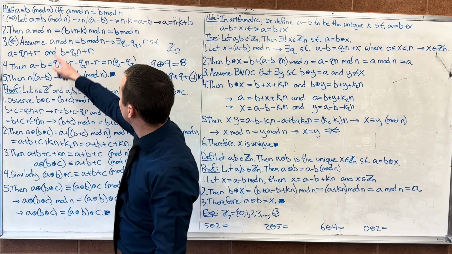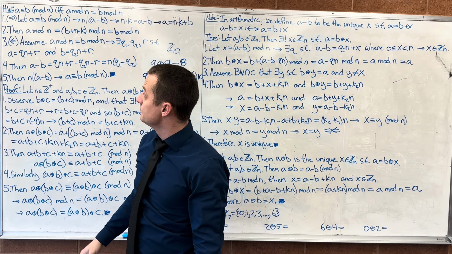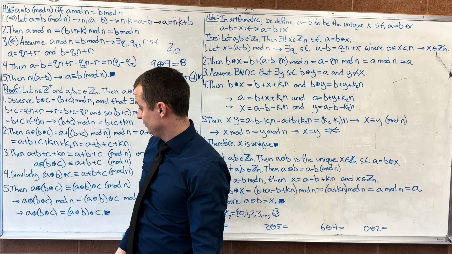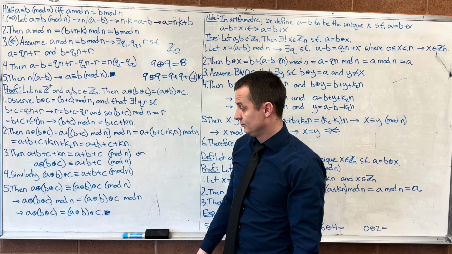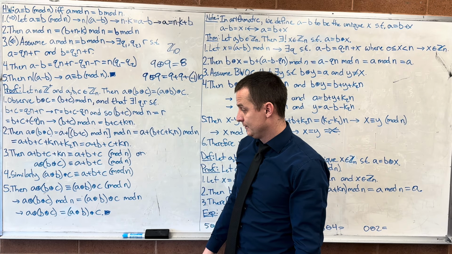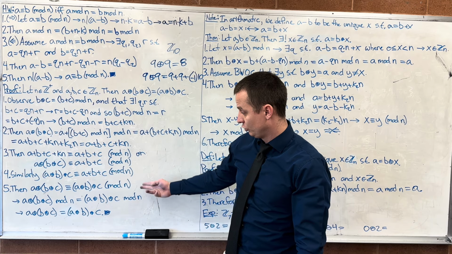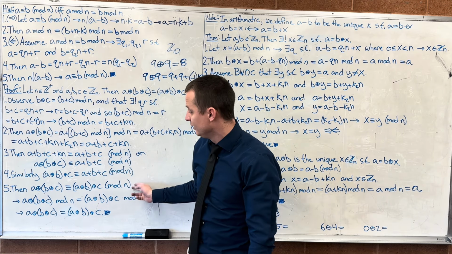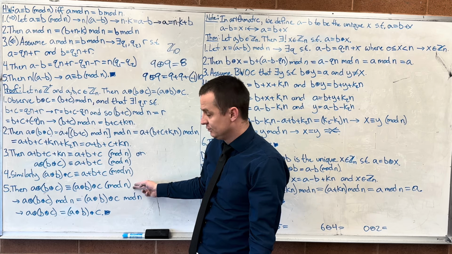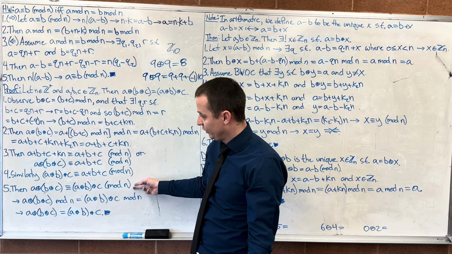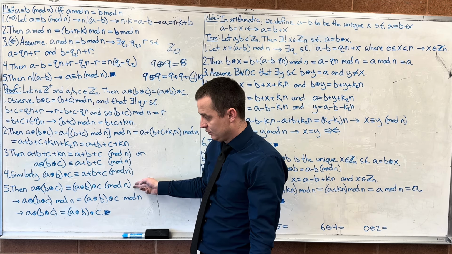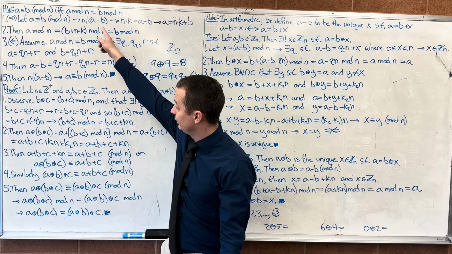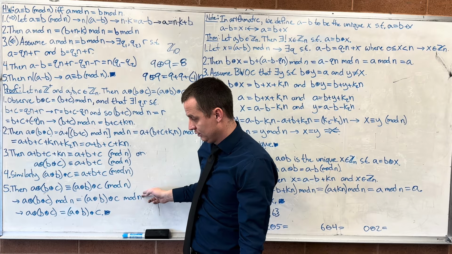Which means I have these two are congruent to each other, mod n. Maybe that's just using transitivity and reflexivity, and then using this, that's going from here to here.